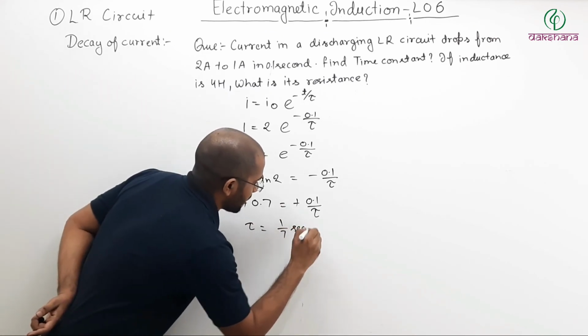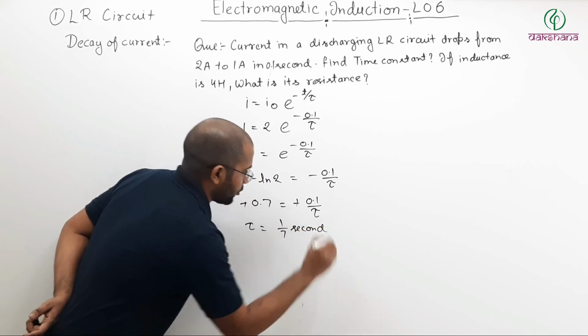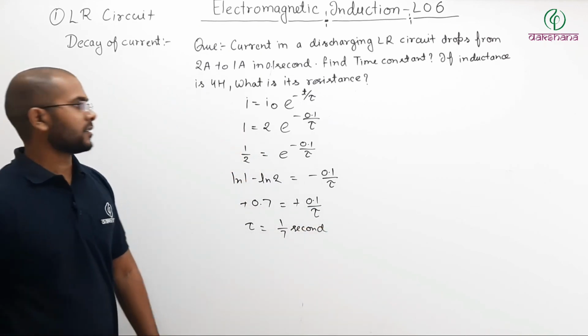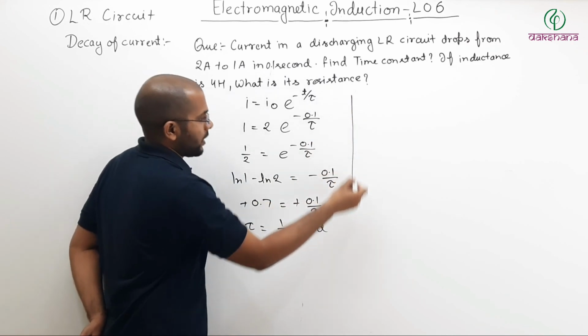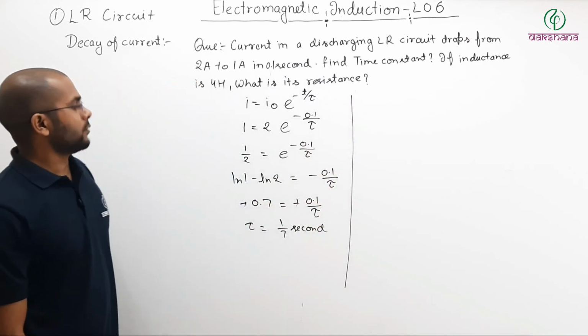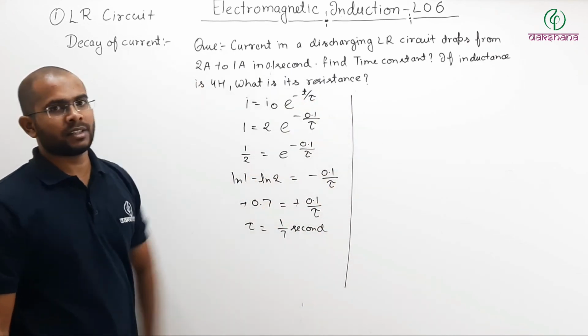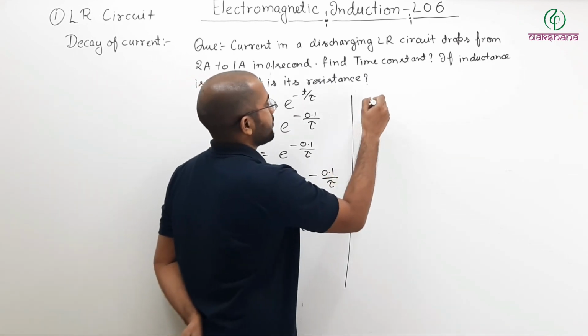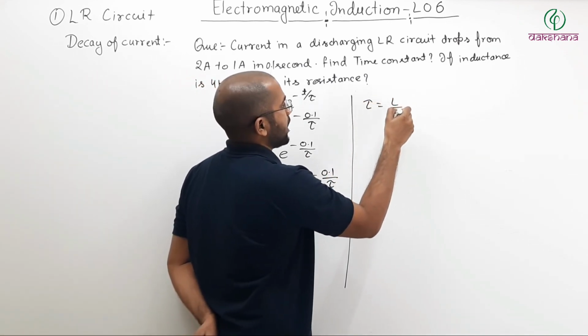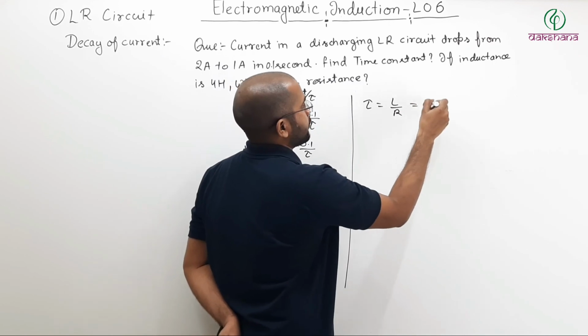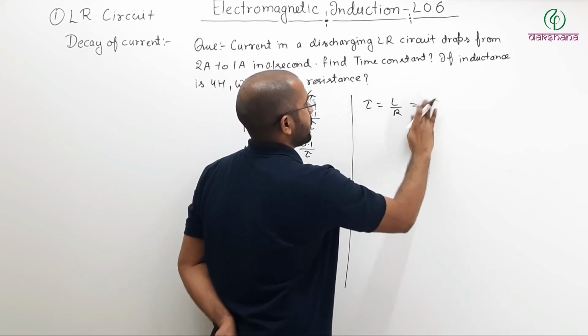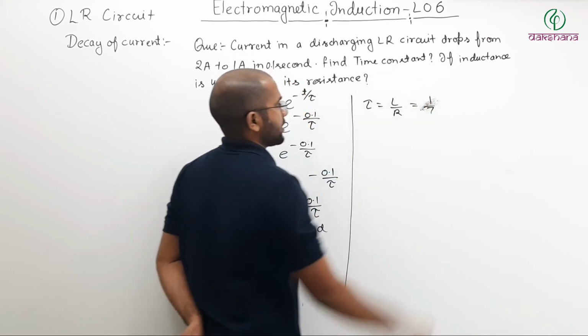Time constant is 1 by 7 seconds. Now, what is resistance? You know that time constant is nothing but L by R, which is equal to 1 by 7 seconds.